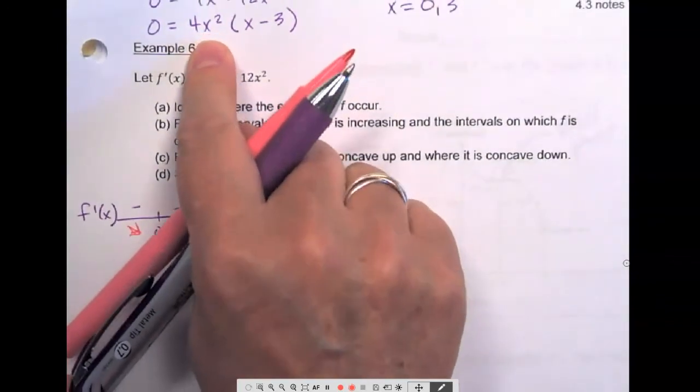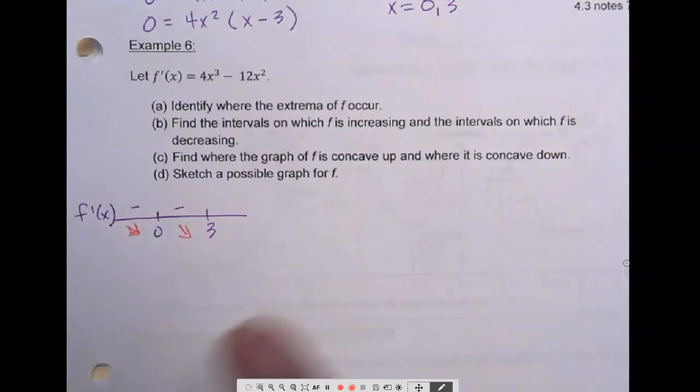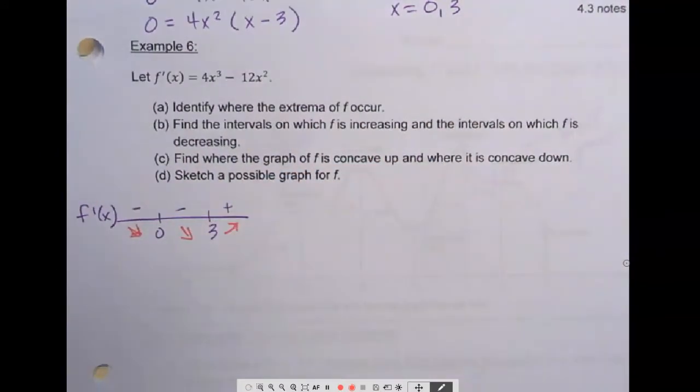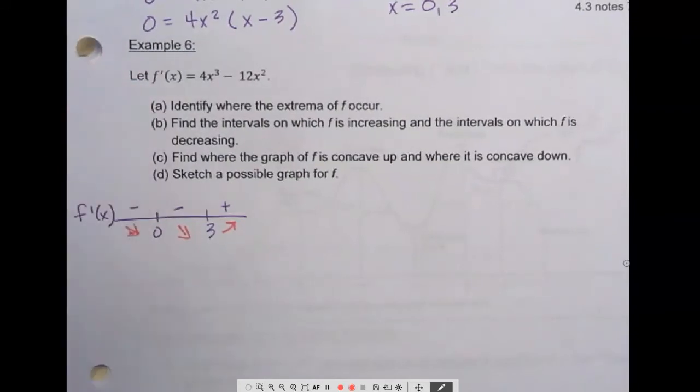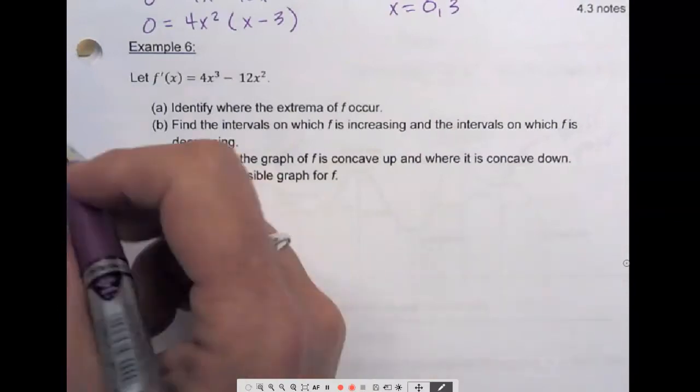Subbing 4 in, that's positive, positive, positive times positive is positive. It is now increasing. Okay, so we could go ahead and answer A and B. Let's do the increasing, decreasing.